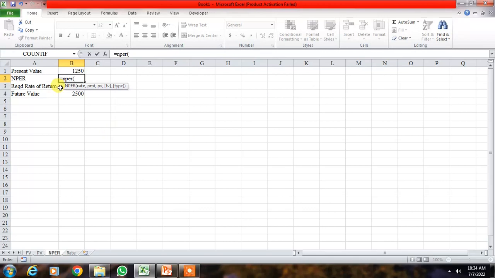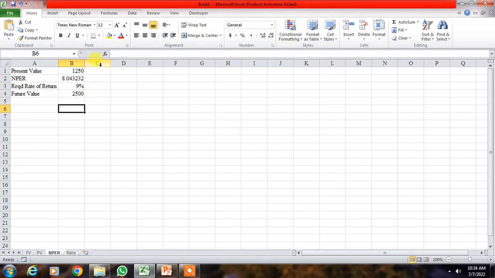Now it is asking for a rate and then comma, payment we ignore, and then it is asking for a present value and then comma, future value in brackets means minus, and then it is asking for the type of the payment, which I assume again 0. So the calculations indicate that it will take almost 8 years and your amount will get doubled at the rate of 9% in 8 years.